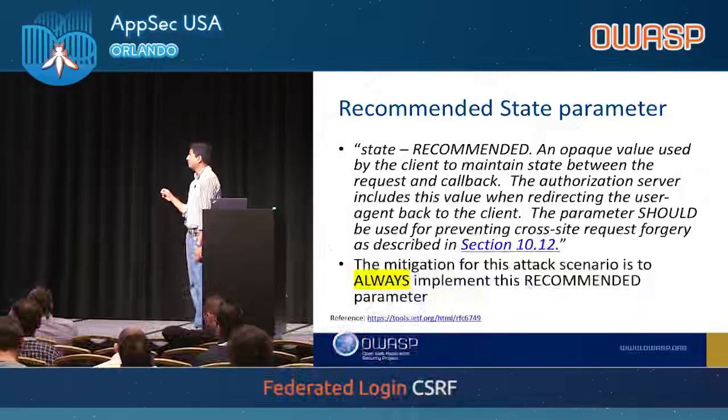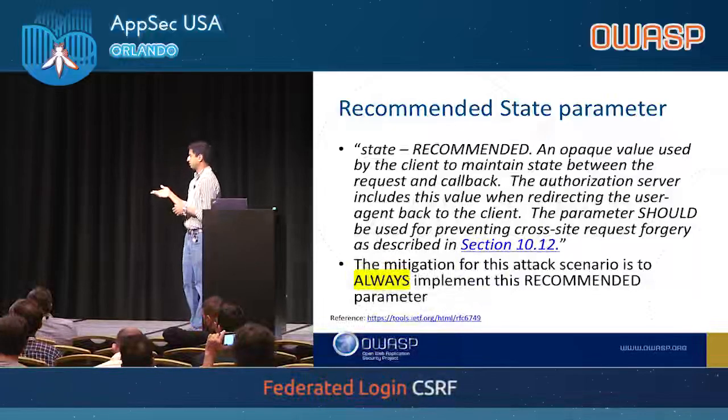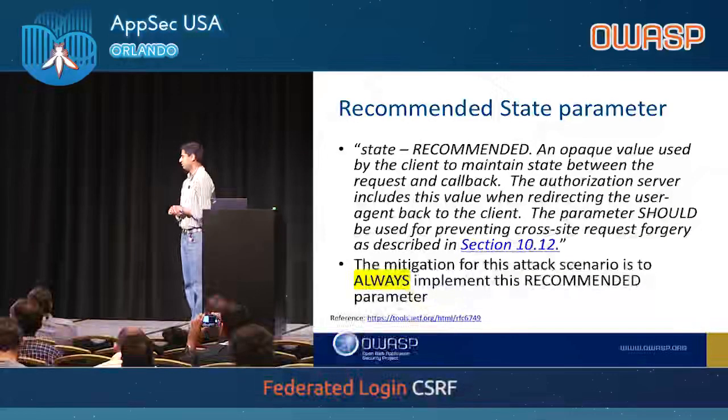If you read the spec, there is a mention of a state parameter, which is marked as recommended, which should be used to prevent cross-site request forgery. And they describe what cross-site request forgery is in a section. So it's basically whatever I just mentioned.